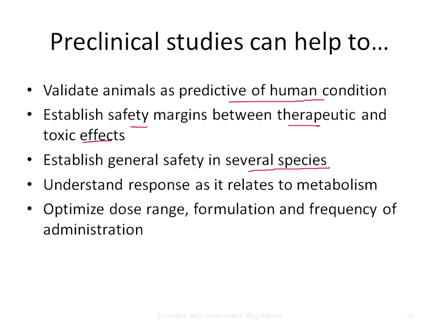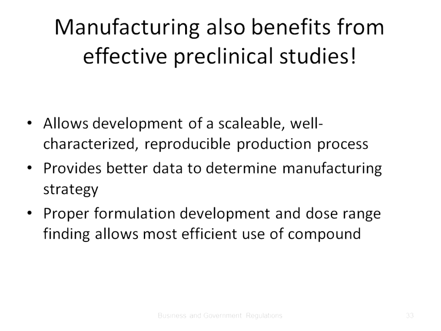So you might test it in different species of animals: mice, dogs, monkeys, etc. And understand the response as it relates to metabolism, how the drug is treated by the body. And you are able to then optimize the dose range, formulation, and frequency of administration. So that's what the PK/PD studies do for you.